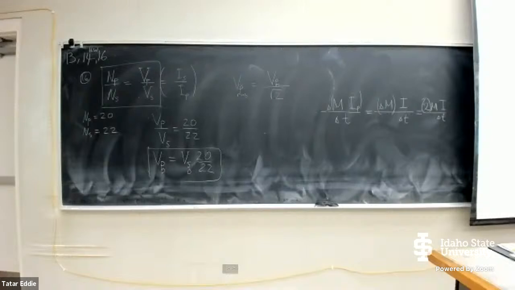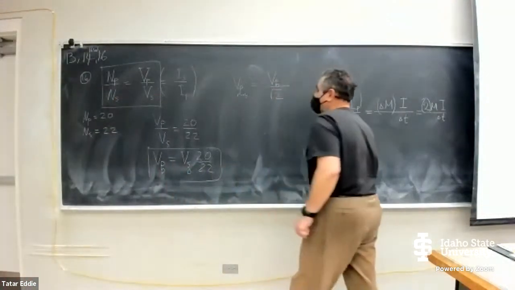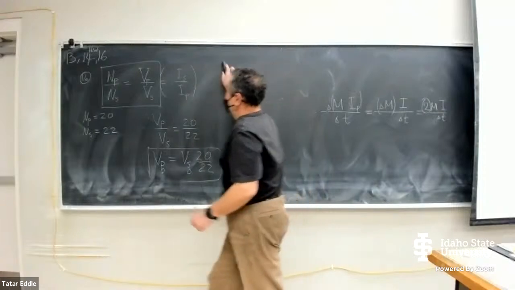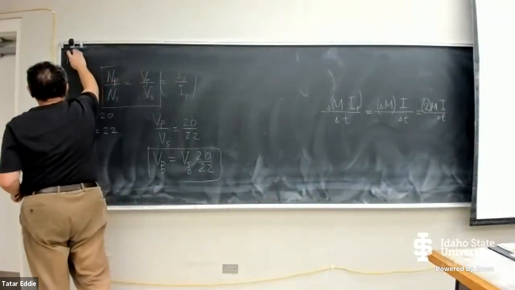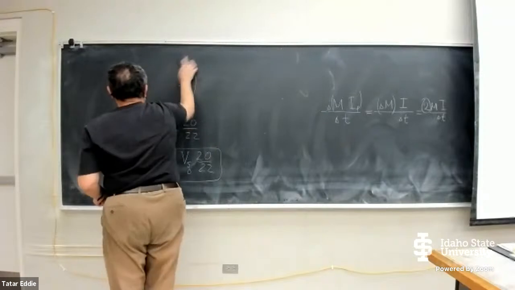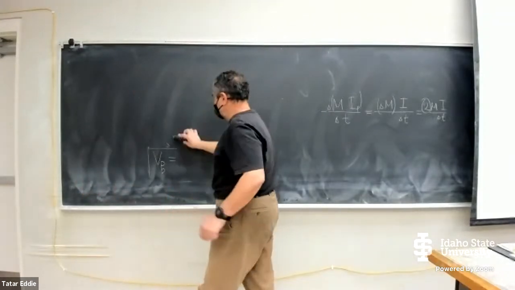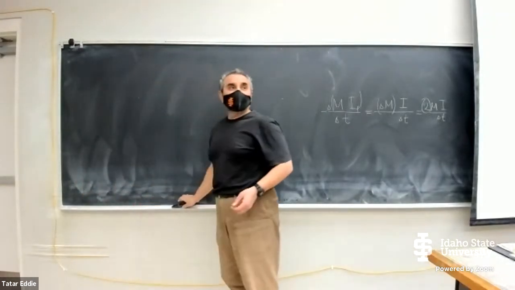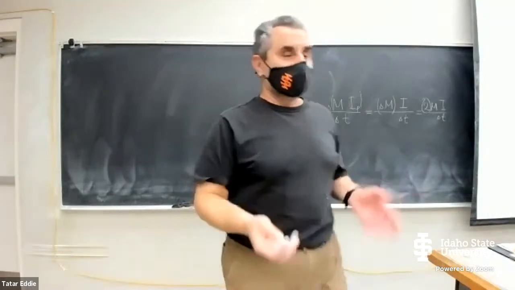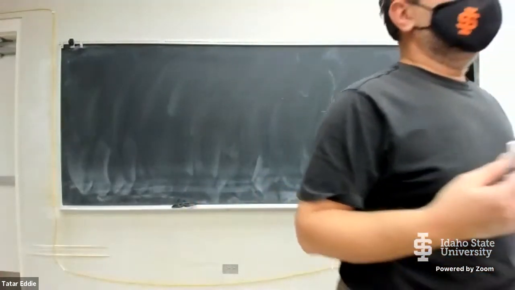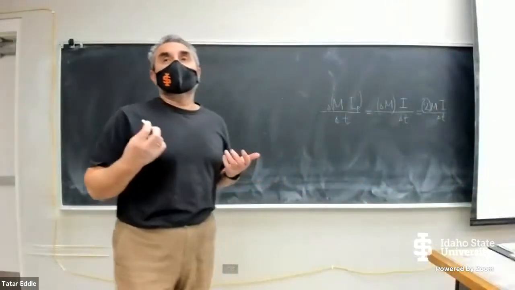Okay, in that case, let's go to chapter 23. So last time I started the chapter by trying to justify the time and effort that is needed to describe the workings of circuits that include capacitor and inductor.